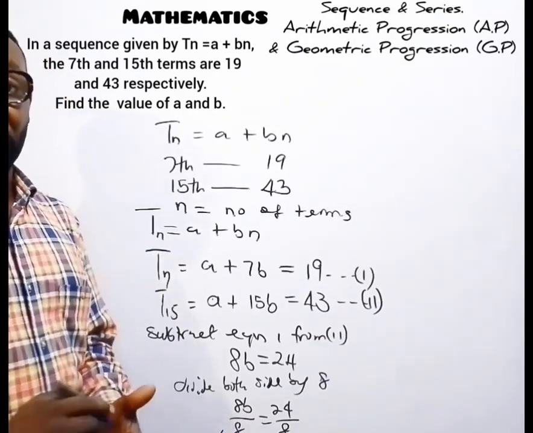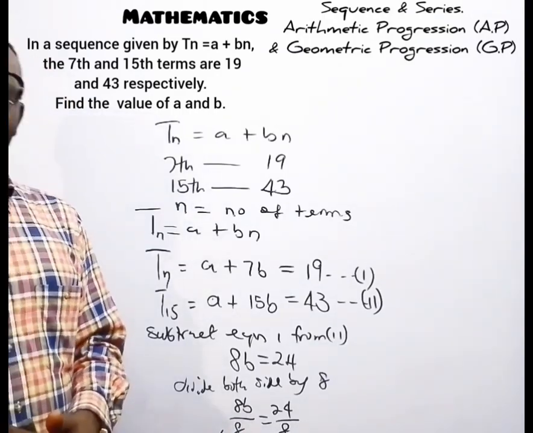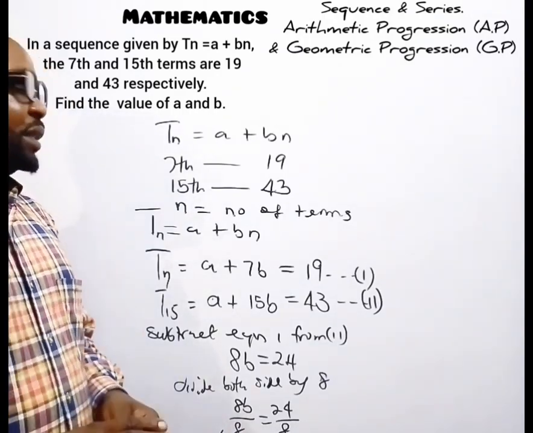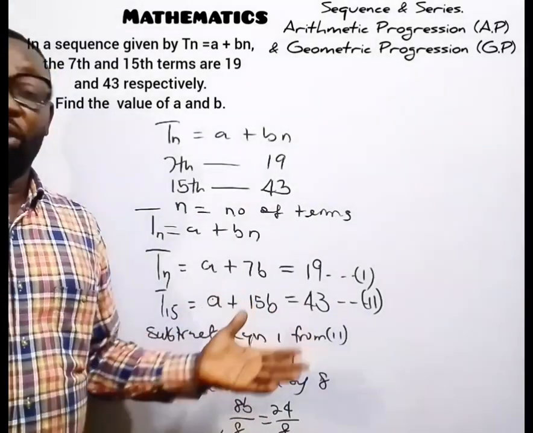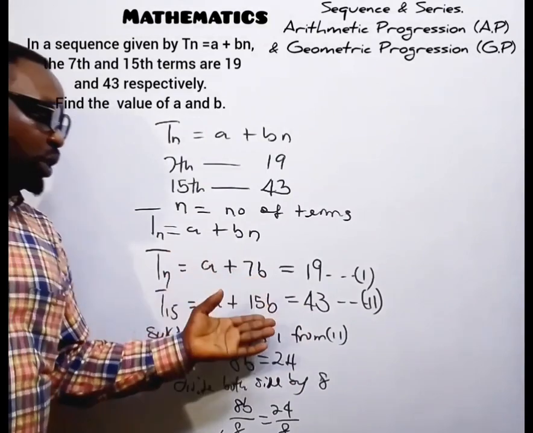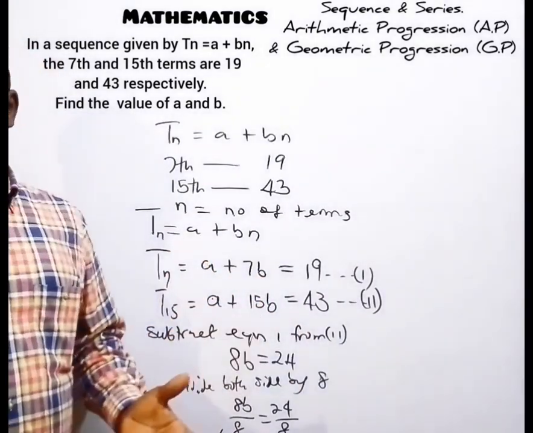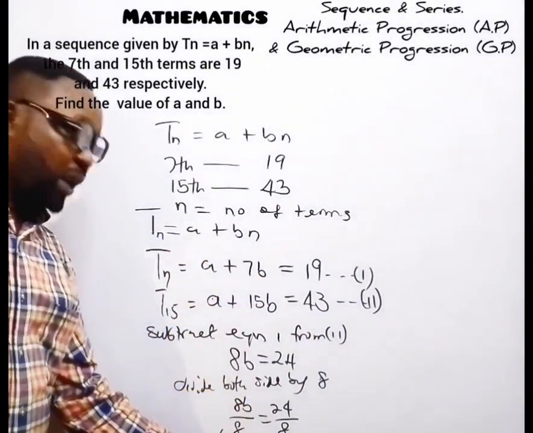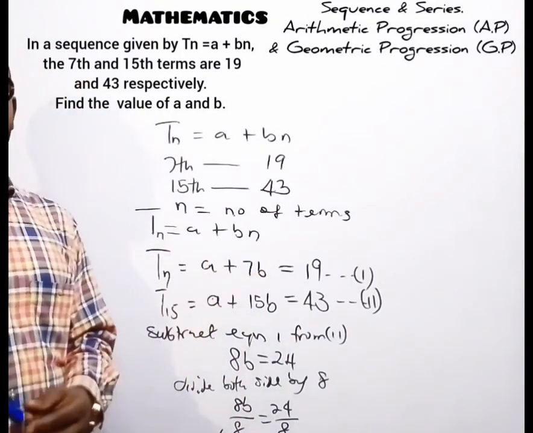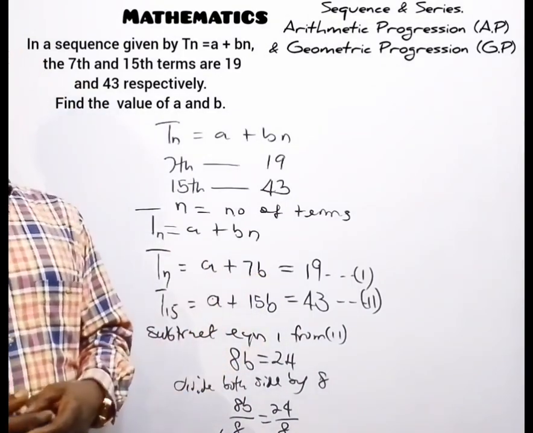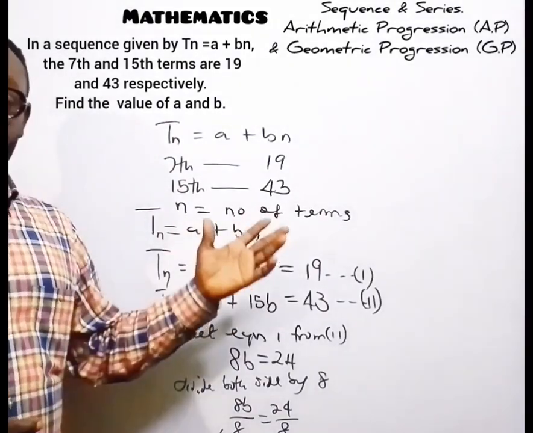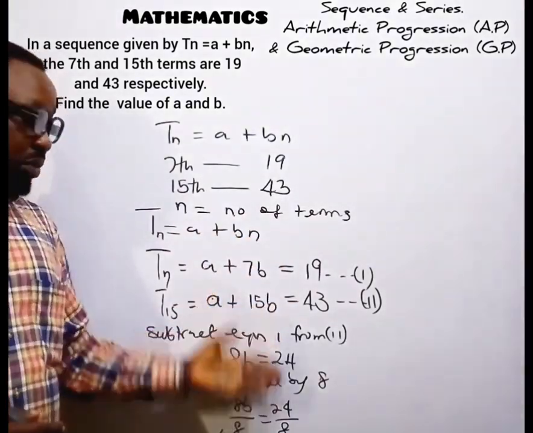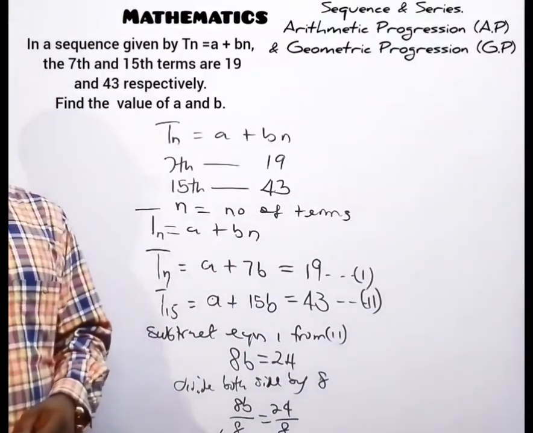Having gotten the value of our b, it is easy for us to get the value of our a. What we do is just look at any of these two equations. You can take any one of them, then substitute the value of b where you have the b, and you'll be able to get the value of your a with ease. I want to go into that substitution now, first into the first equation.